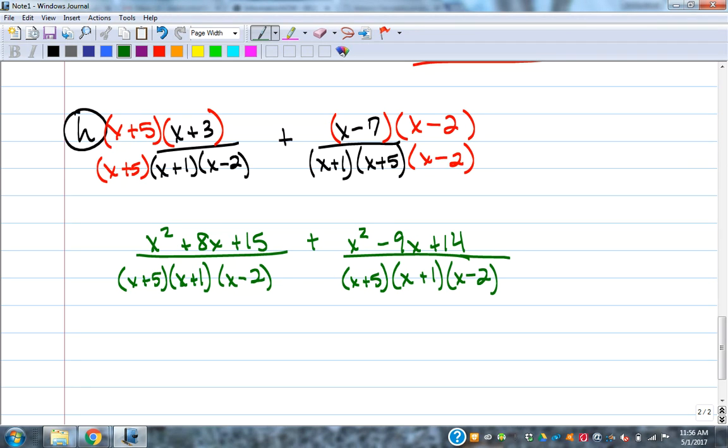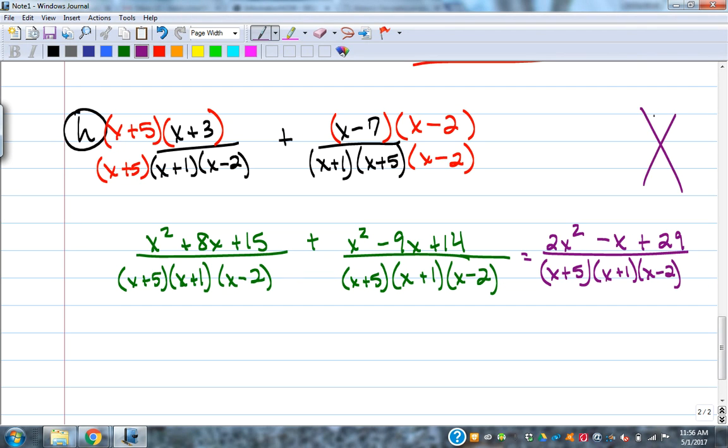Okay. Put the like terms together. X squared plus x squared is 2x squared minus x plus 29, over x plus 5, x plus 1, x minus 2. 2 times 29 is 58, and add to be negative 1.